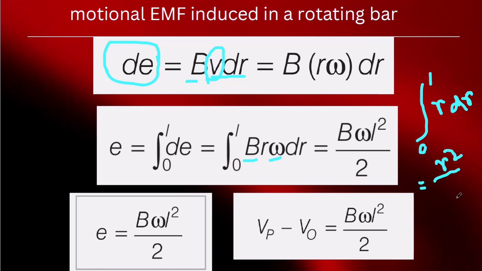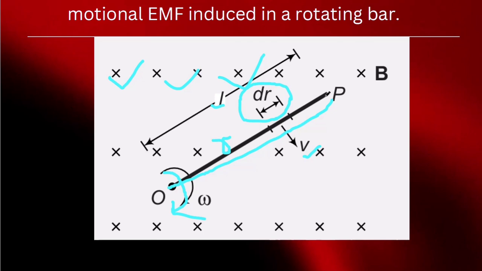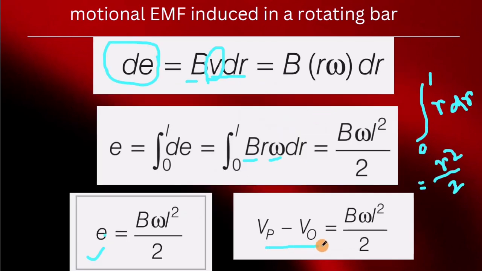So if we put the limit, it is L square by 2. So we get the expression E equals B omega L square by 2. Now this motional EMF is the potential difference between the two points P and O of this rod of length L. So Vp minus Vo equals B omega L square by 2.